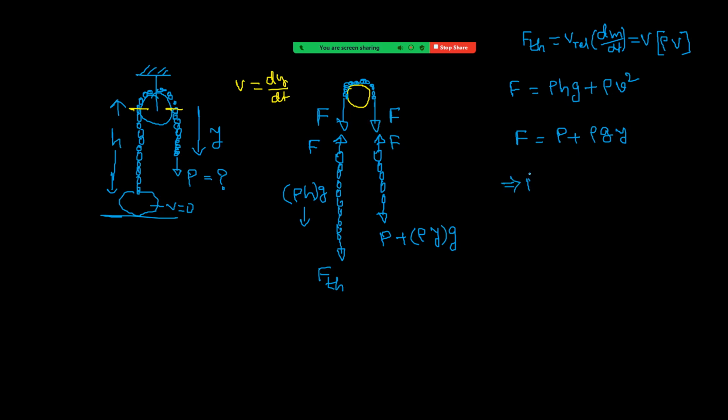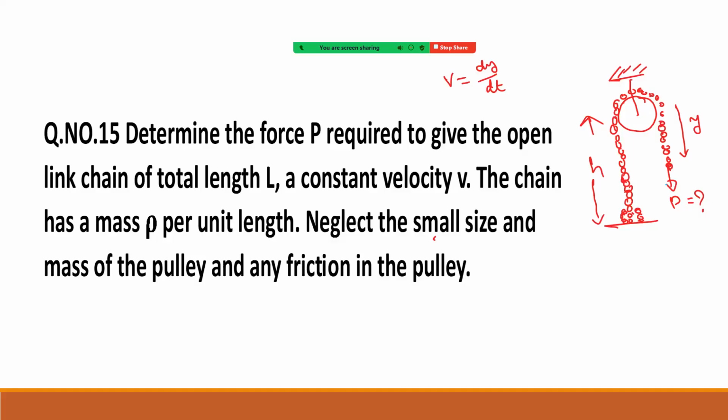That implies P equal to rho v square plus rho g into H minus Y. The key point is that it maintains a constant speed. So the final answer is P equal to rho V square plus rho G into H minus Y. That is about question number 15.